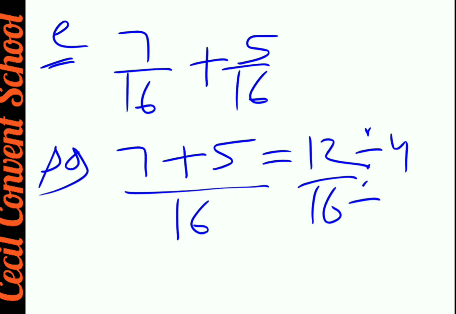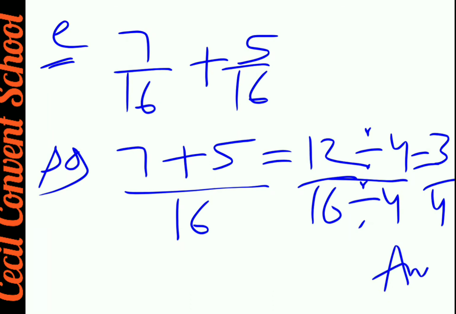So we divide it. If you are not able to do the cutting as I explained in the previous part, you can do it in this manner, divided by 4. Means you will see both the numbers should come in one table, that is the 4 table. So the answer will be 12; if you divide by 4, the answer comes 3, and down also 4. So the answer will be 3 by 4.